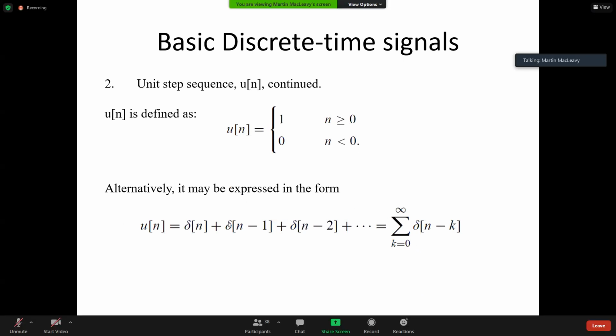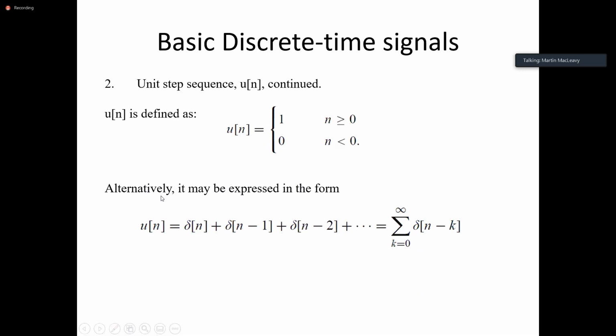Alternatively, we may express our step sequence in this form here. Simply, of course, delta n plus delta n minus 1, delta n minus 2, and so on, which goes on to infinity. So this expression is correct.